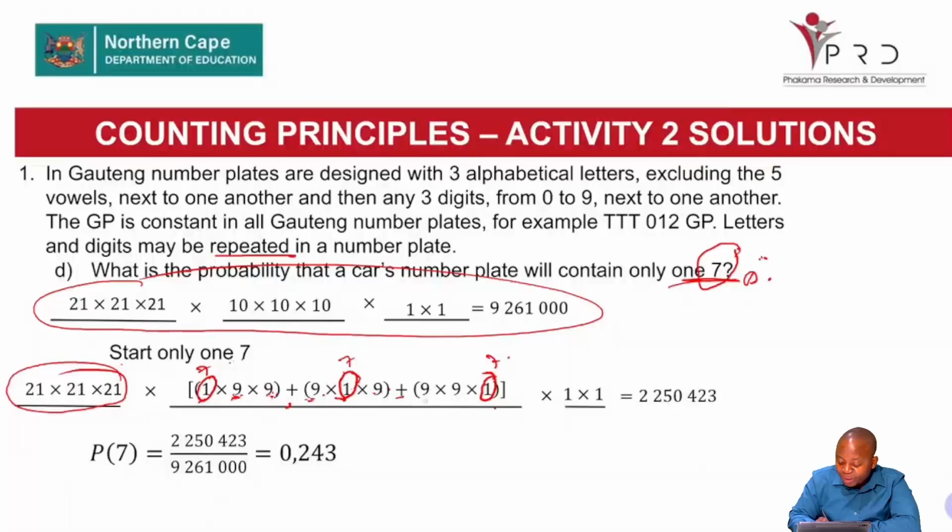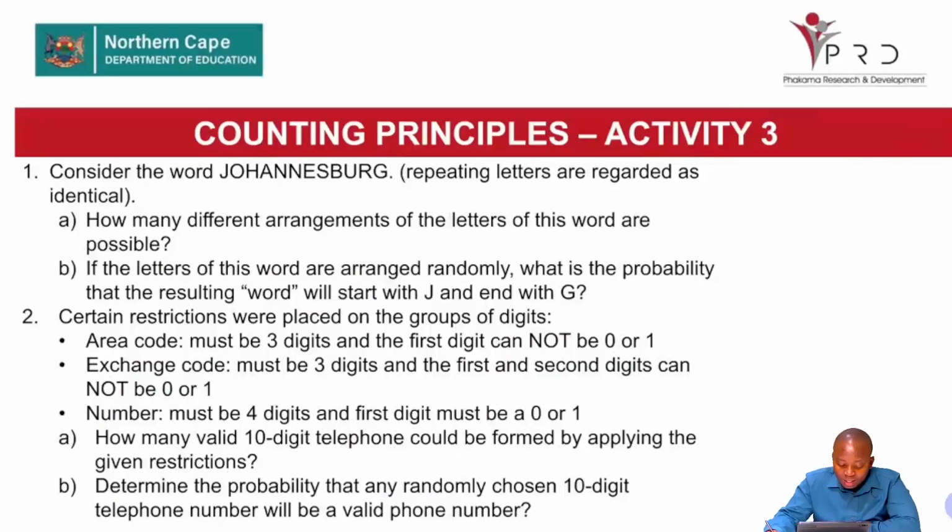Plus another way is ending with 7, and the rest are just 9 and 9. We're saying only 7, so we remain with 9 options here. Then we can have 7 in the middle. That is the special event that we are satisfying over the total. Then we have 0.243. Now, our grade 12s, you are given 10 minutes to complete this activity.